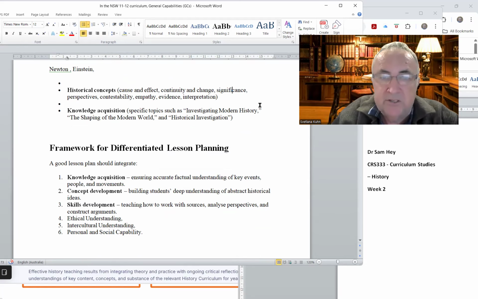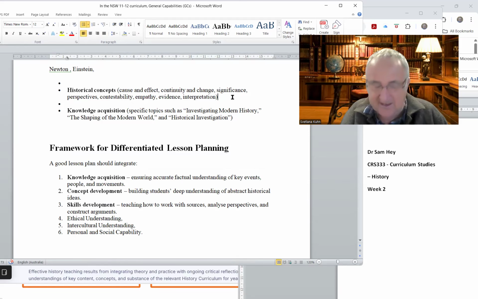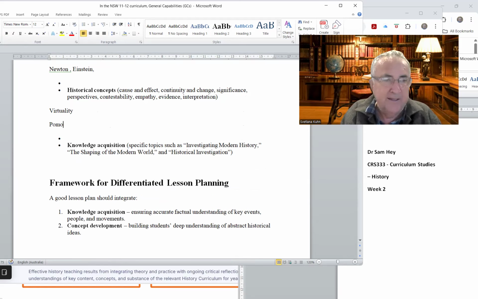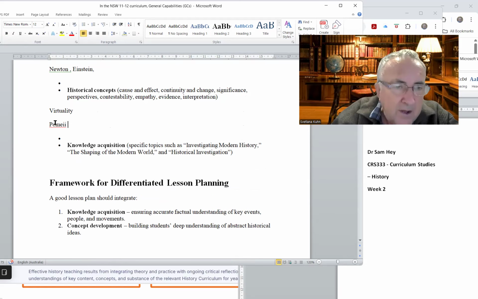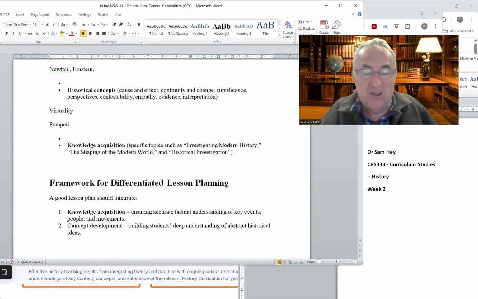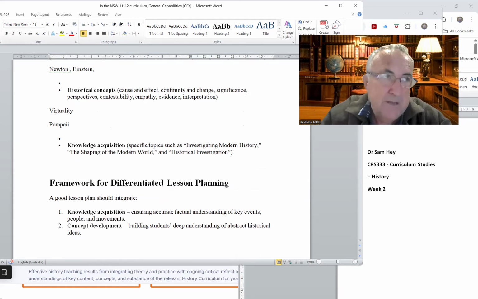I should mention, if students can't travel overseas, as is often the case, you can use virtual reality. One of the things I love about the study of Pompeii is you can do a lot of study of Pompeii by going to the sites online. There are videos of the city of Pompeii and Herculaneum. You can see people who around 70 AD were buried in ash, and we've still got the bodies of those people in one sense.